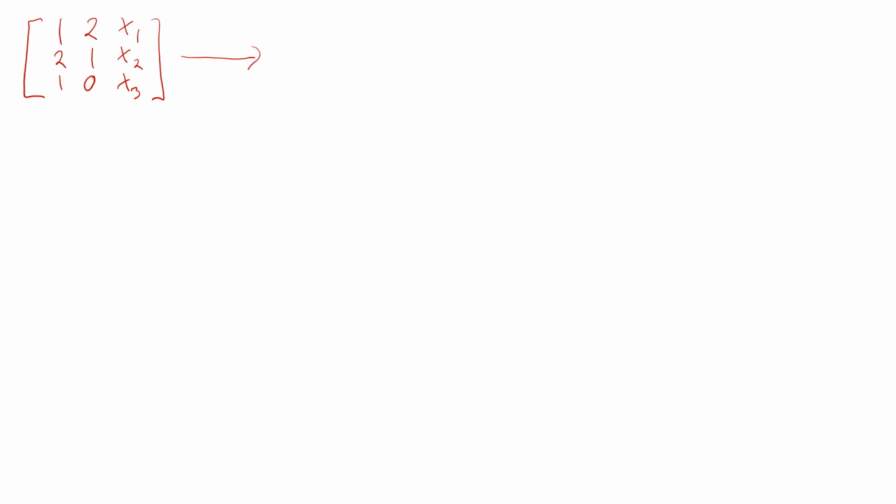Now, some of you may be able to see right away and get a very quick answer to this. But if we do the row reductions, we can also see what happens. So 2 row 1 minus row 2 is the new row 2: 1, 2, x1. We get 0, 3, 2x1 minus x2, and 1, 0, x3.